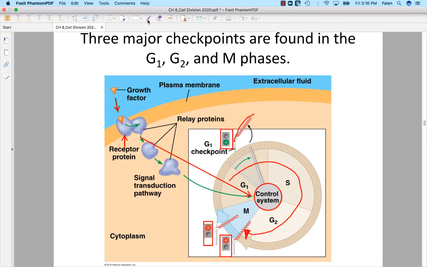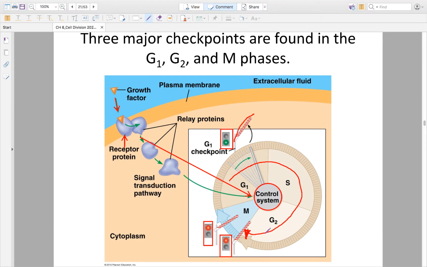Okay, let's say that there was a mistake. Let's say that the G2 checkpoint caught a miscalculation of chromosomes, an error in the DNA synthesis. The cell has to be destroyed, and it will be.